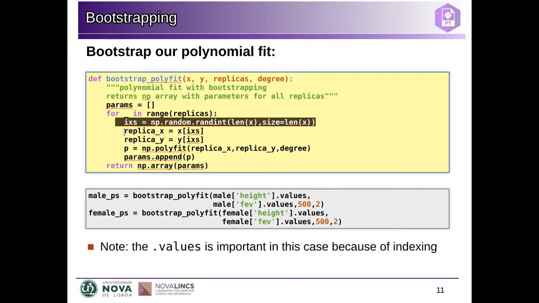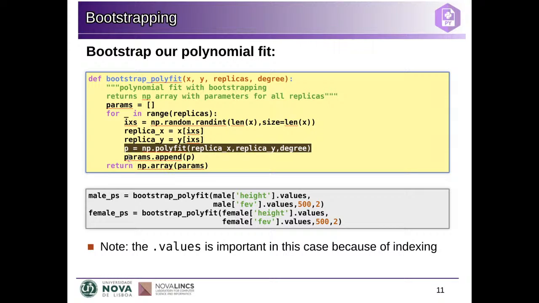And now I'm going to create a replica of the X values and a replica of the Y values by picking those particular chosen values from my arrays. Now I'm going to fit the polynomial here, and I'm going to append the parameters to this list. So this list will have 500 sets of parameters for the polynomial if this function is run with 500 replicas.